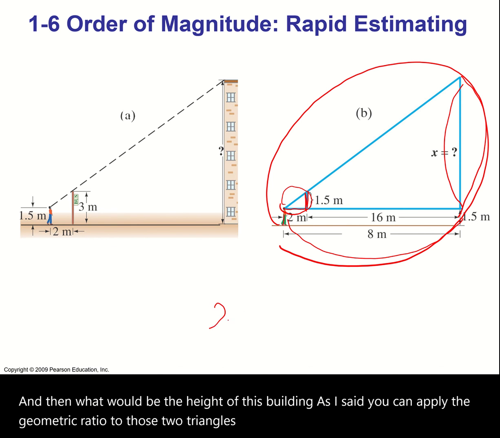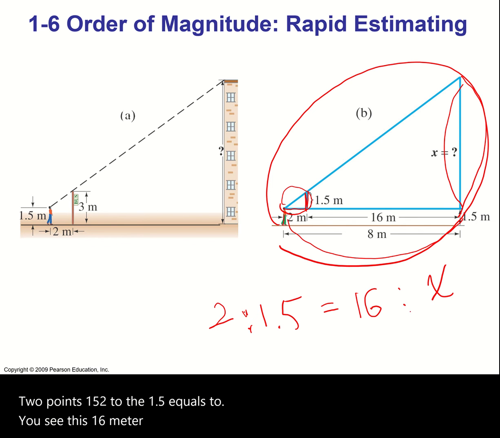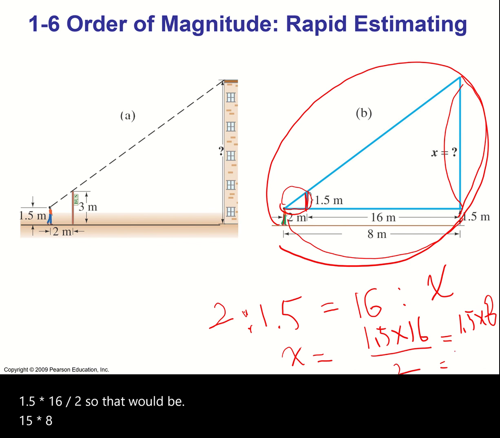So 2 to 1.5 equals 16 meters versus x. So x equals 1.5 times 16 divided by 2, which is 1.5 times 8. So it should be 12 meters. That 12 meters would be the height of this building.